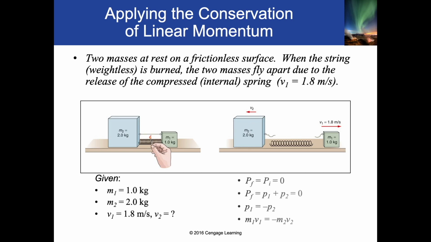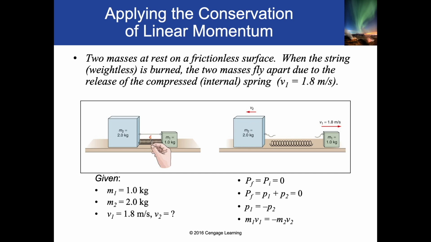So you're given all this information: 1 kilogram for mass one, 2 kilograms for mass two, and velocity one is 1.8. How do you solve for velocity two? Three, maybe four slides ago, I gave you different ways of thinking about momentum.